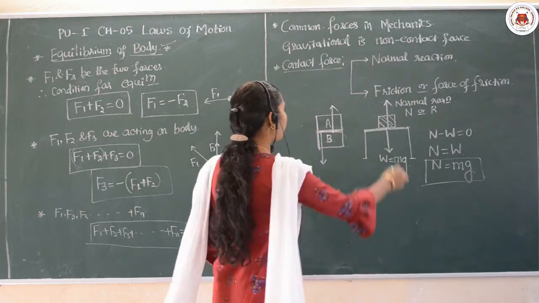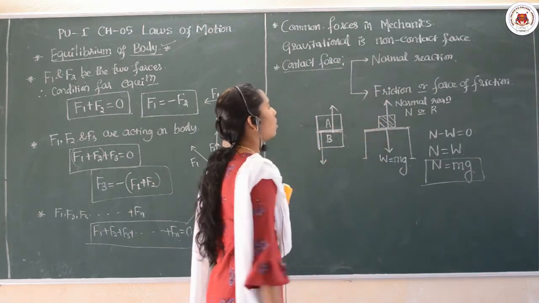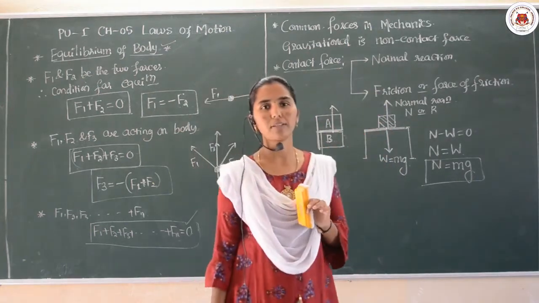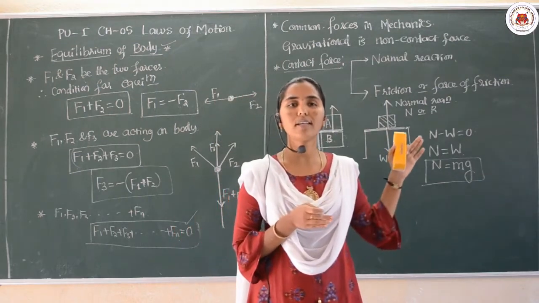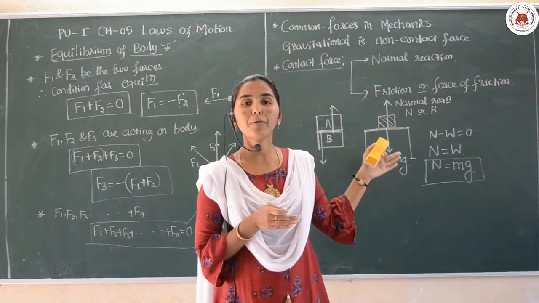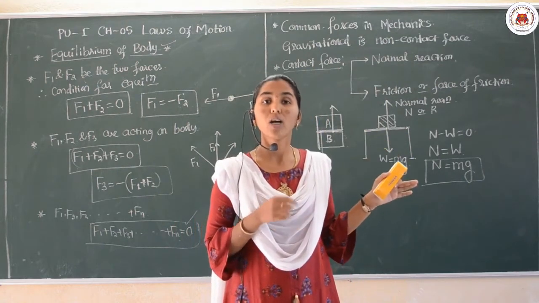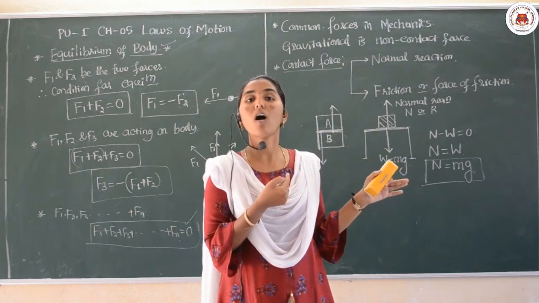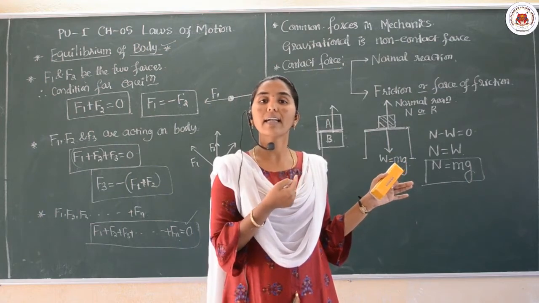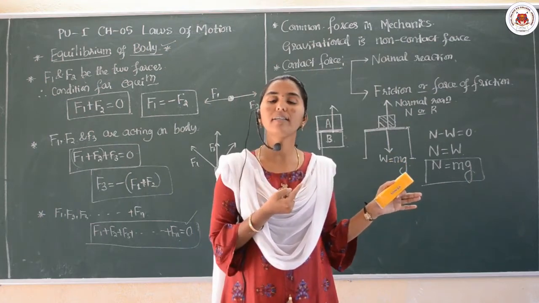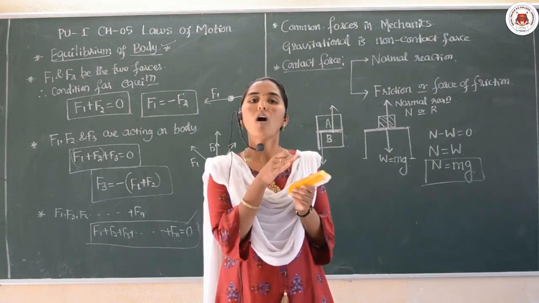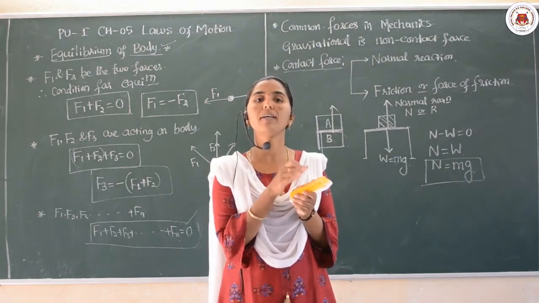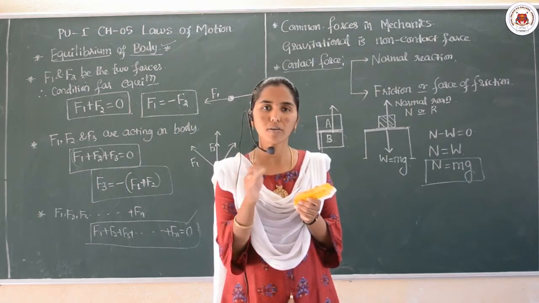Okay. Moving forward to friction or the force of friction. What is friction or the force of friction? So this is also a component of the contact force which acts along the horizontal, the horizontal line between the surfaces in contact.